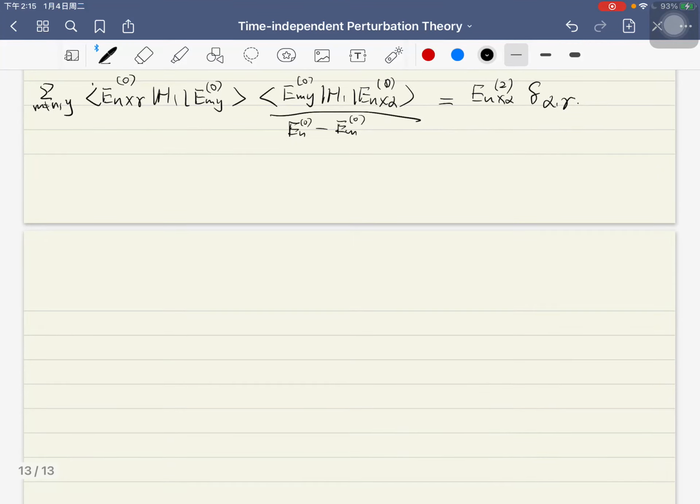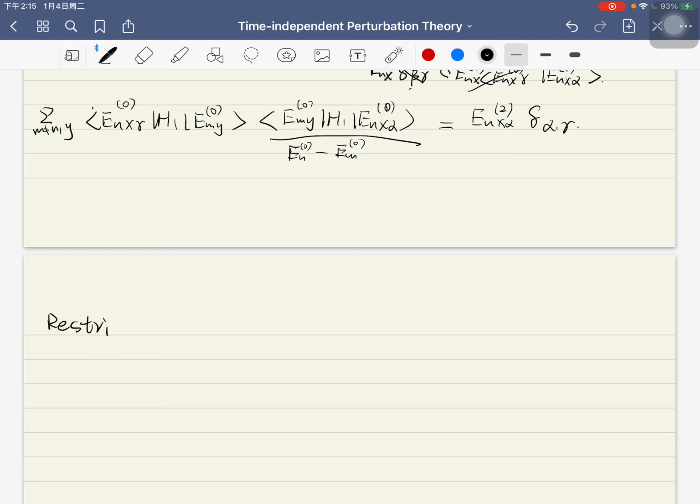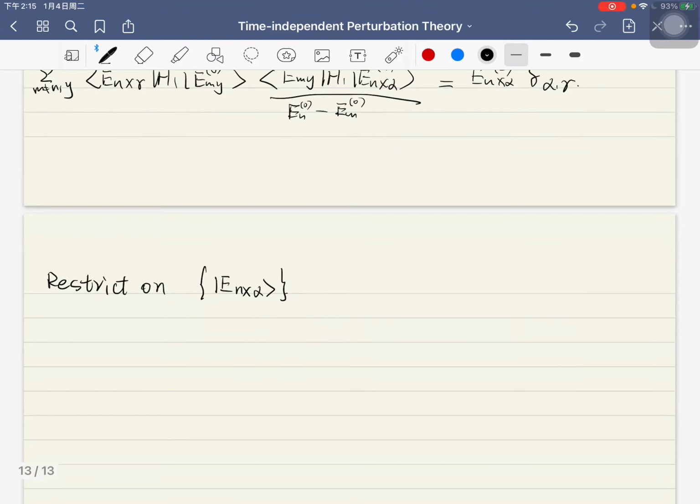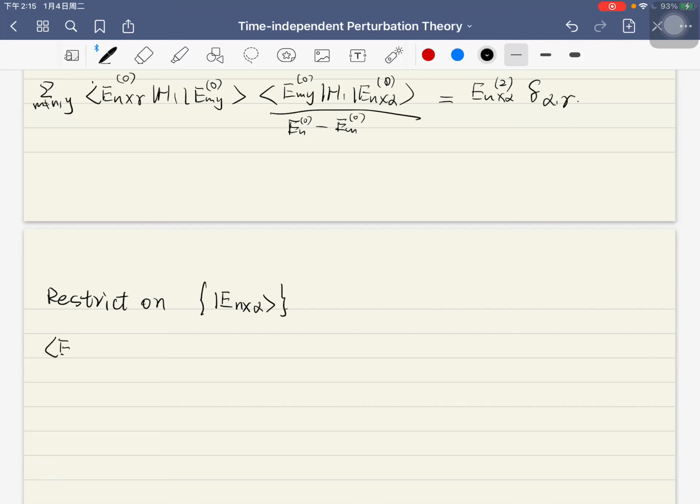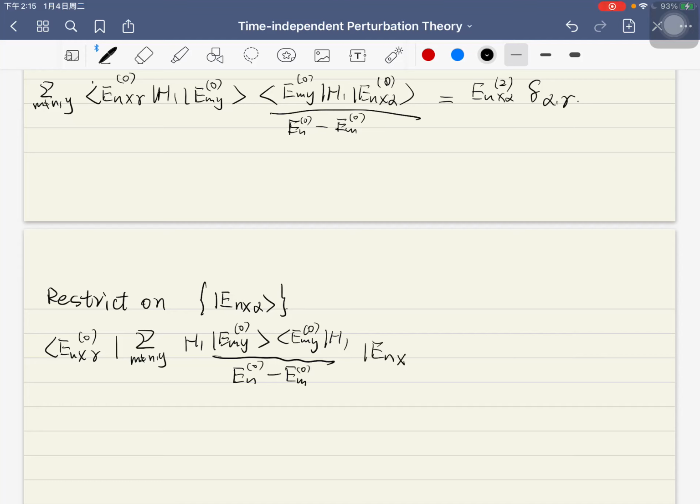So if we restrict to the sub-eigenspace of n x alpha, we have E n x gamma 0, the summation over m not equal to n y, H1 m y 0, m y, delta gamma.